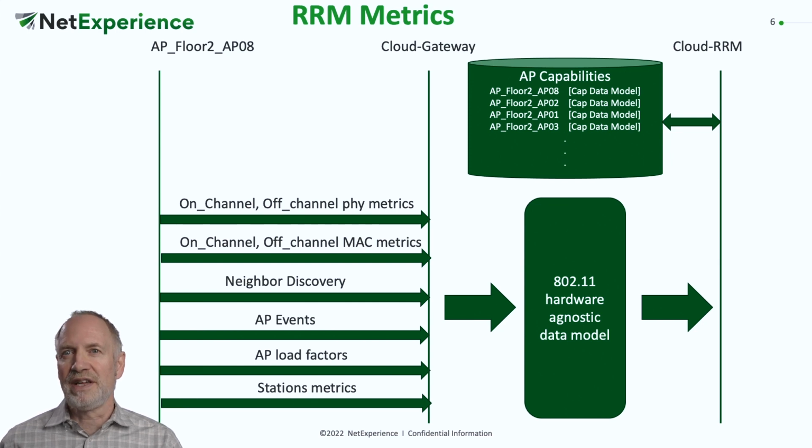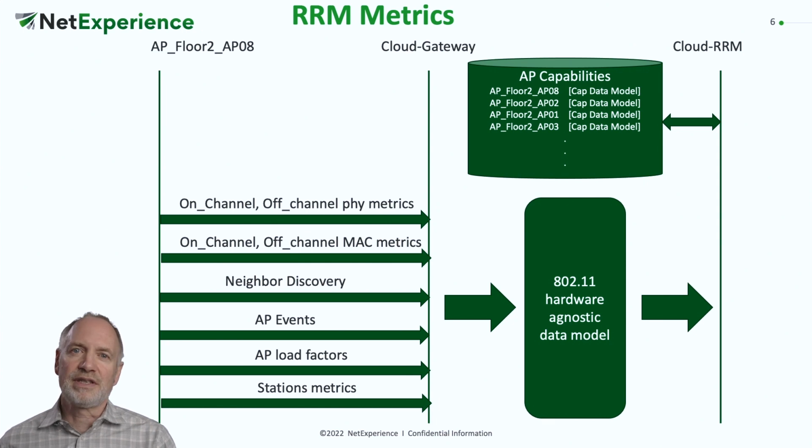The first thing the RM applications will do is collect information from the location, from an RF environment point of view, from an AP point of view, radio, but also from a station metrics point of view.